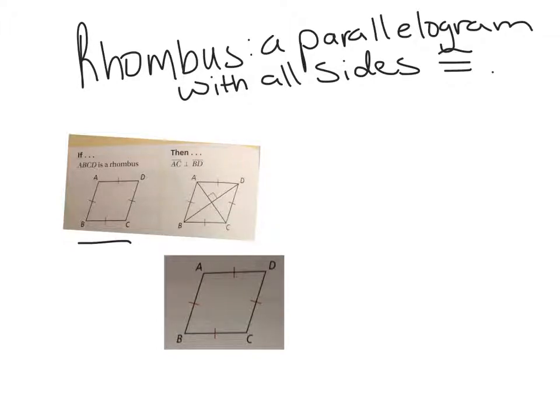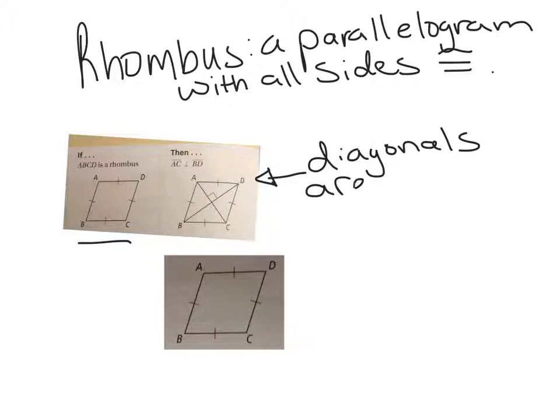And so there are some other qualities of a rhombus. If it is a rhombus, then its diagonals are perpendicular.